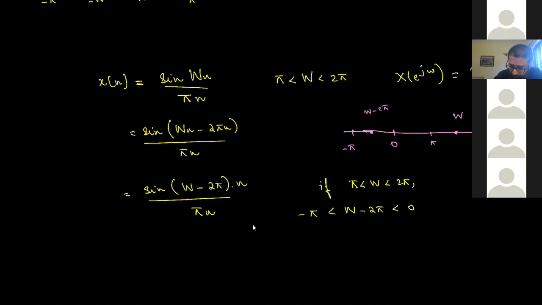So w minus 2 pi is negative. Therefore, this is minus sine of 2 pi minus w times n divided by pi n, and 2 pi minus w is between 0 and pi. Now you have the answer.